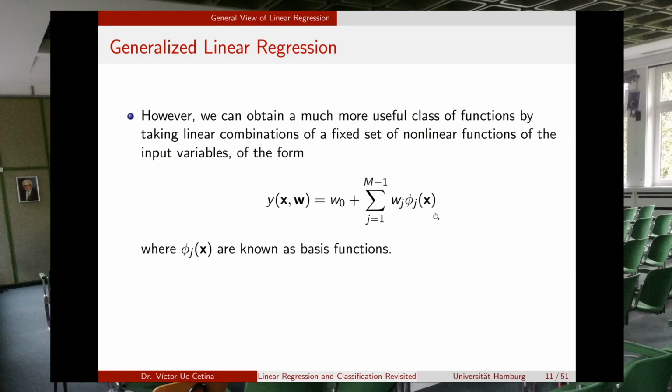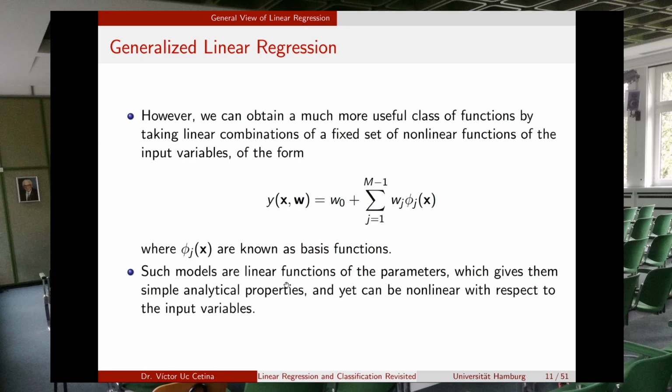The general way to express this is using some function that in this case we are calling phi. It is going to be a function of the input vector of variables, and this is called a basis function. There could be different basis functions that we can apply in order to introduce these non-linearities.